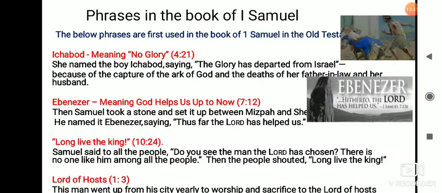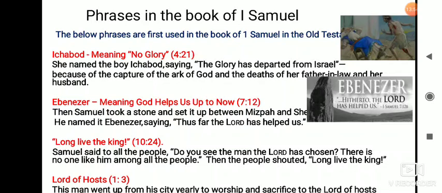It's interesting to see some excellent phrases in the book of 1 Samuel. They are: Ichabod, meaning no glory. The glory has departed from Israel. Chapter 4 verse 21. Ebenezer.